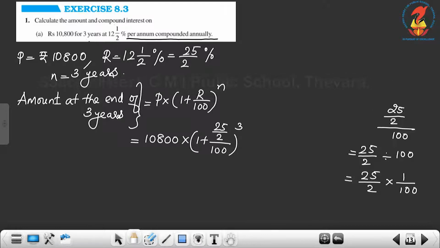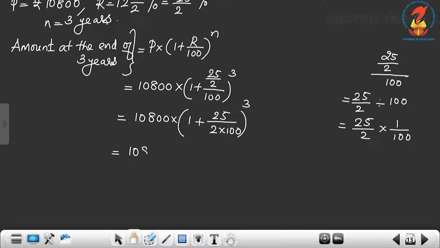So here we can write it as 10,800 into 1 plus 25/2 into 100 whole raised to 3. Then what is 25/2 into 100? 25/200. Now we can simplify this one. So which is equal to 10,800 into 1 plus 25/200.